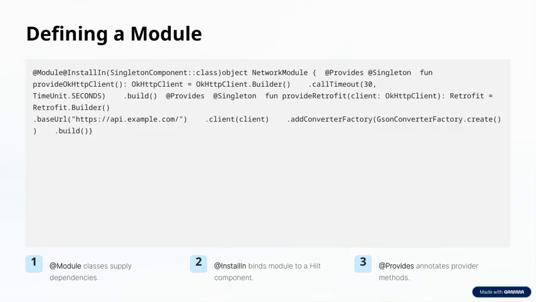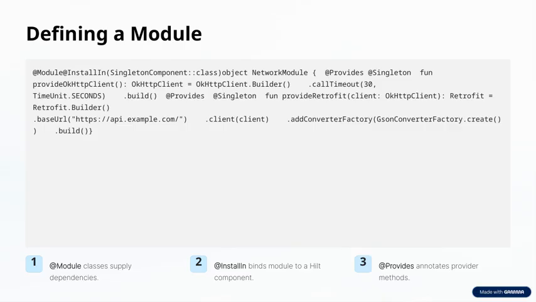Within this module, we have provider methods marked with @Provides. These methods are responsible for constructing the actual objects, like OkHttpClient and Retrofit in this example. The @Singleton annotation on these methods indicates that Hilt will create only one instance of each, shared across the app. This ensures consistency and saves resources. For instance, the provideOkHttpClient method builds an OkHttpClient with a call timeout of 30 seconds.